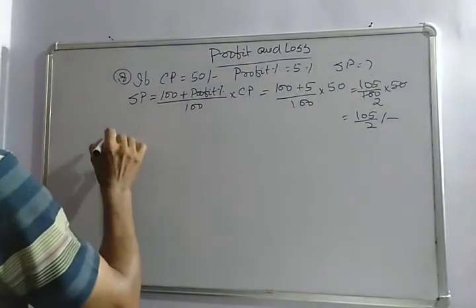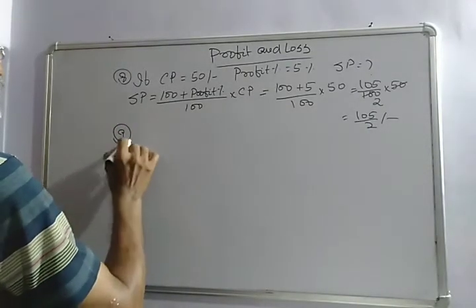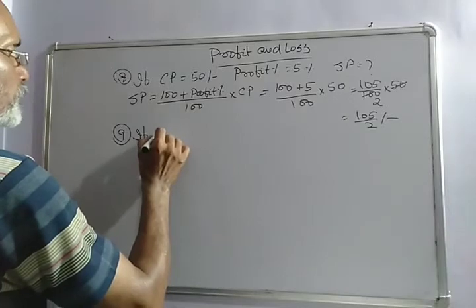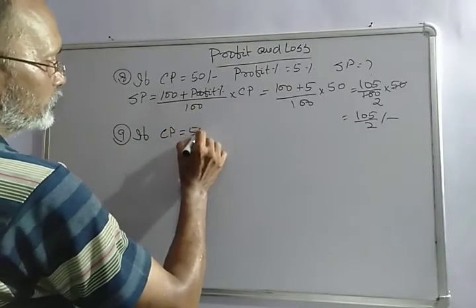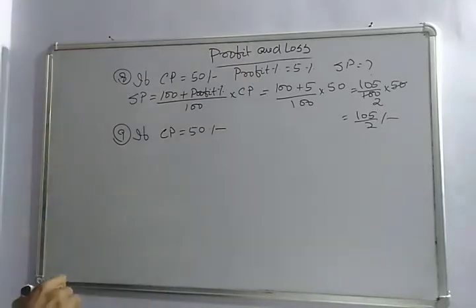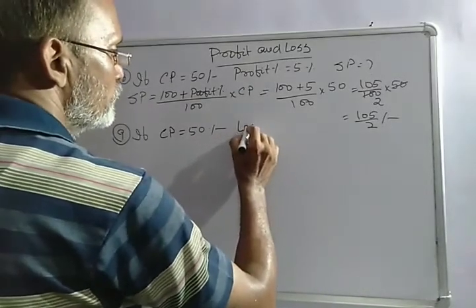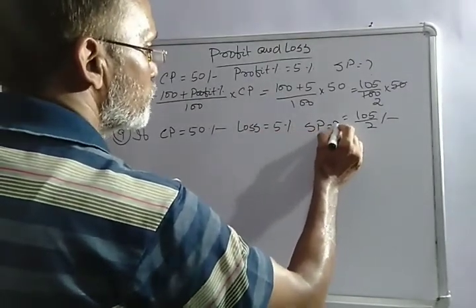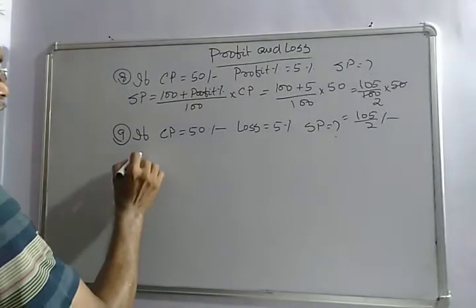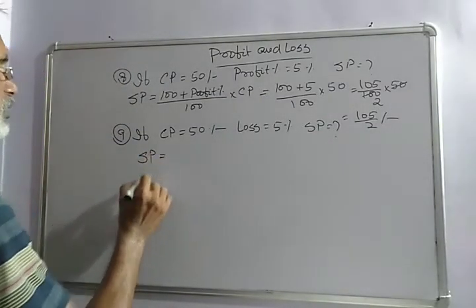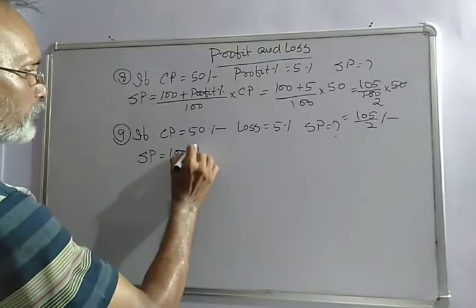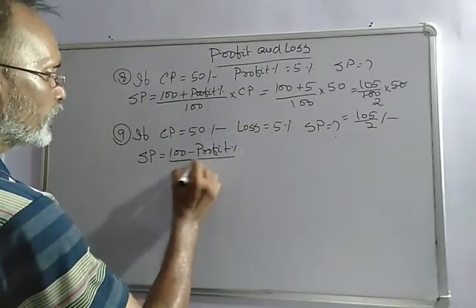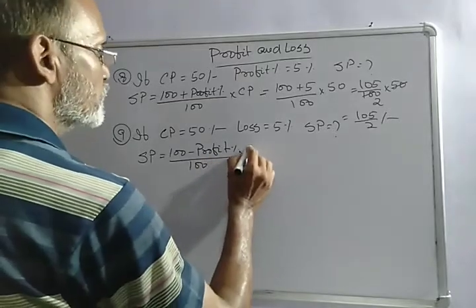Similarly, number 9, if the cost price is 50 rupees, loss is equal to 5%. You have to find out the selling price. In this case also, selling price is equal to 100 minus loss percent by 100 into CP.